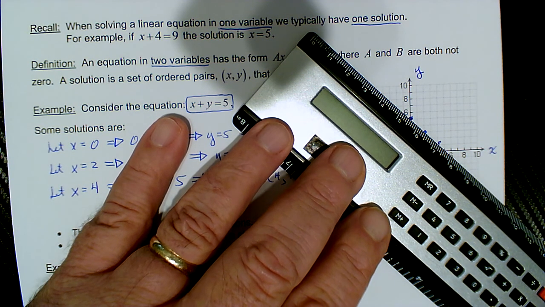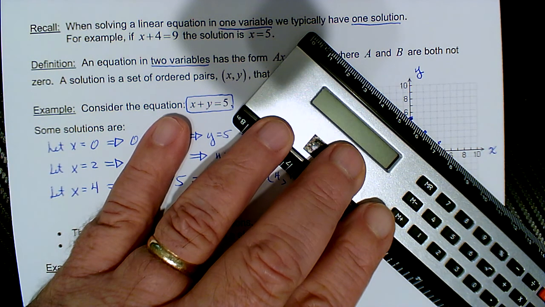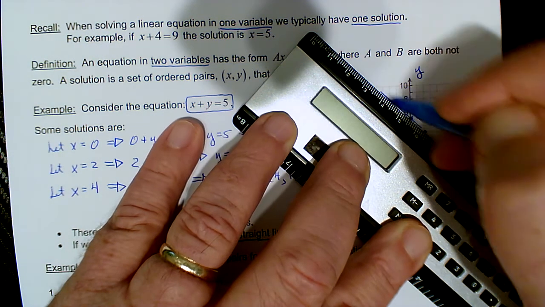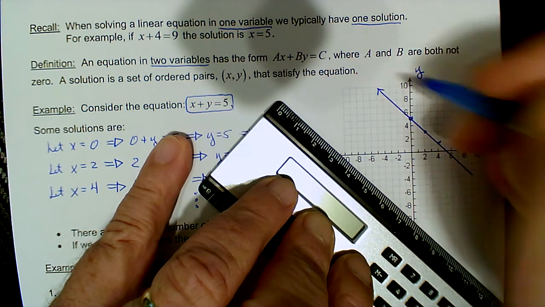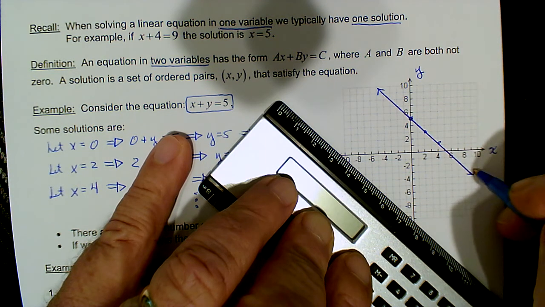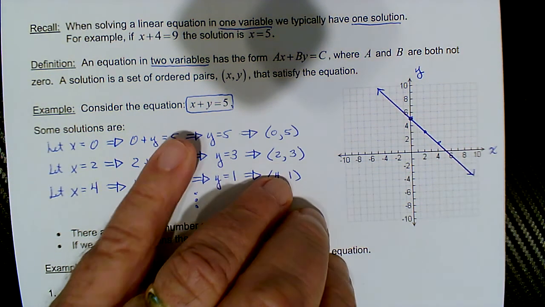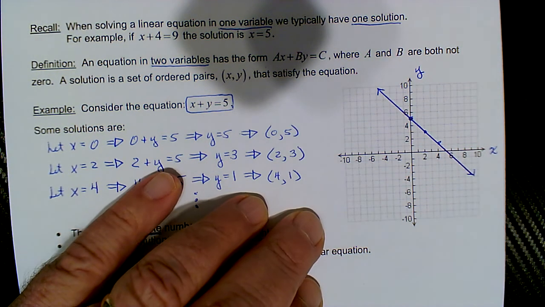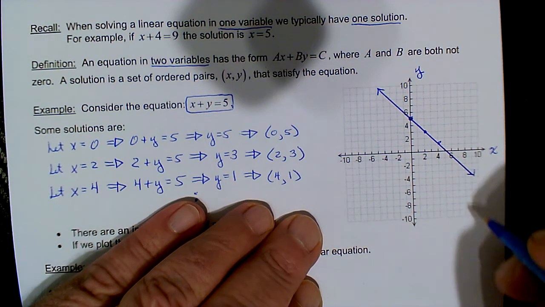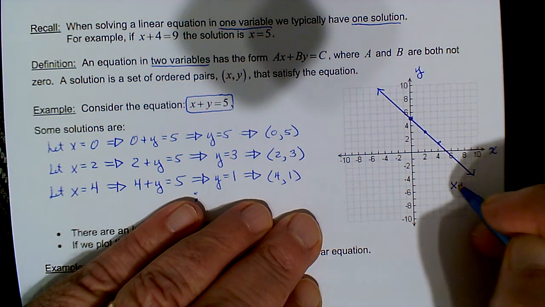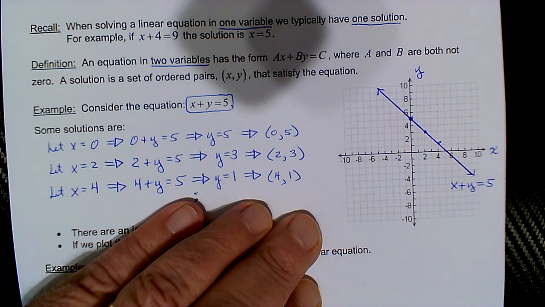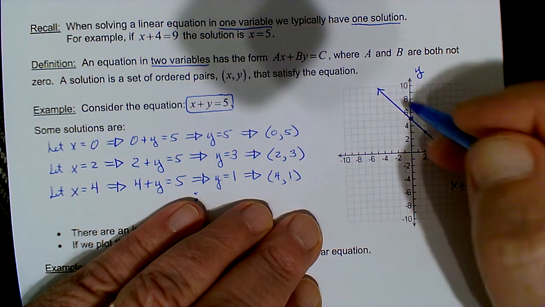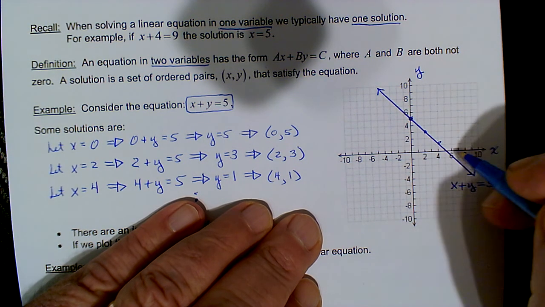And there will be the graph of this straight line. And typically when we do graph a straight line, you won't have to do this in MyMathLab, but if you're doing it by hand, you typically will write the equation next to the line. Okay? But you can see that any point on this line satisfies that equation.